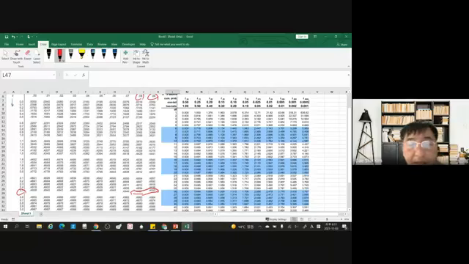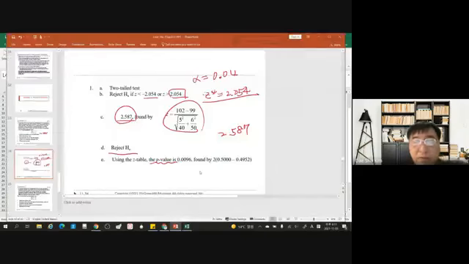So the remaining is about 0.005 or 0.008 and so on, multiplied by 2.